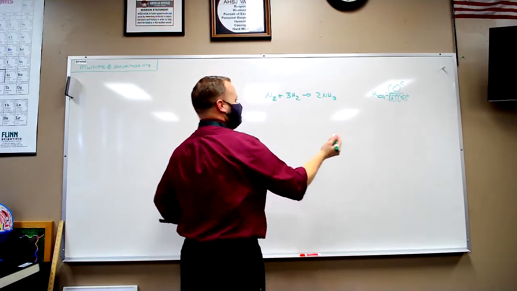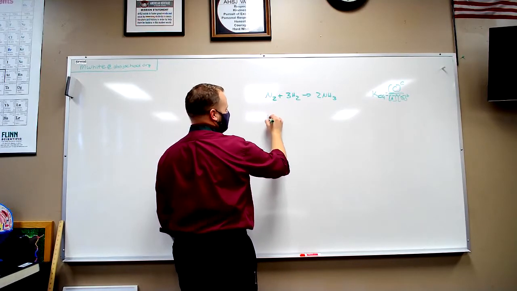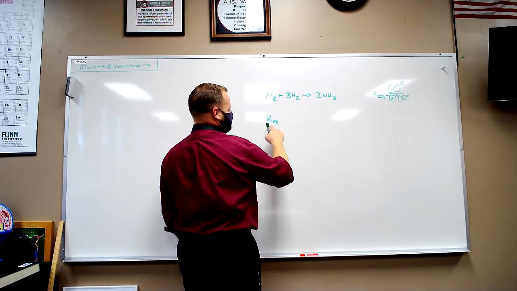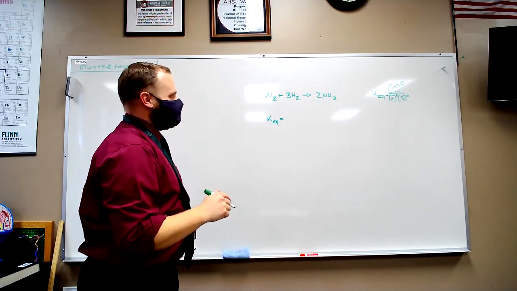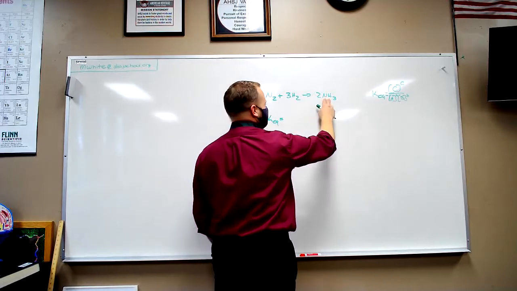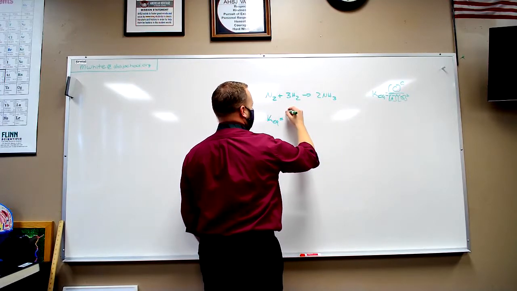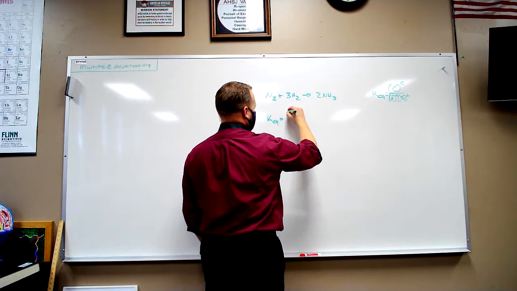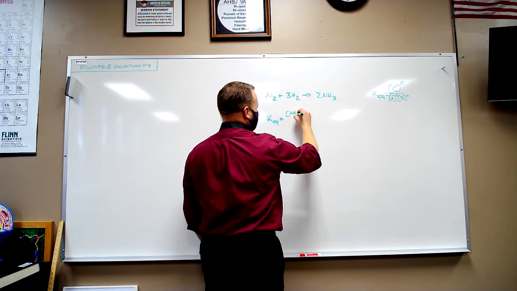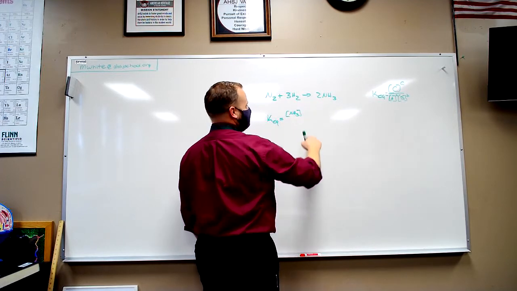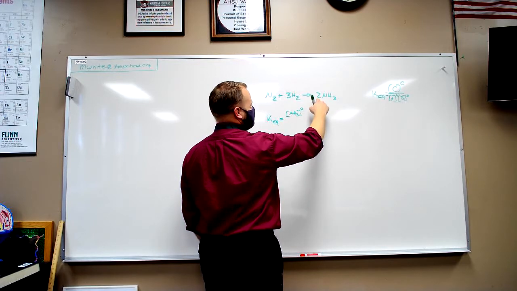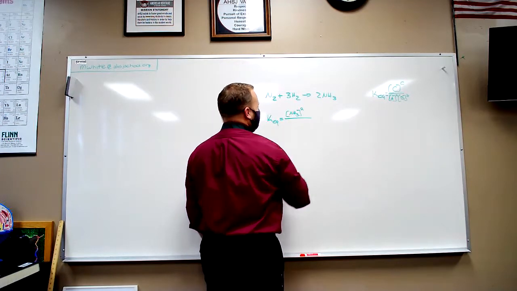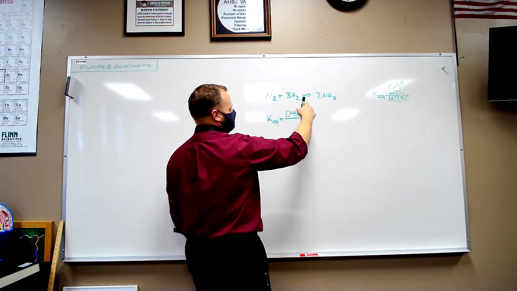And write, okay, well, I know we're doing an equilibrium constant expression, so I'm going to write K sub EQ equals, and I'm going to start with my products. Okay. Now I only have one, so I write the concentration of ammonia, and it's going to be squared because there's a 2 in the coefficient. And then I'm done with that.